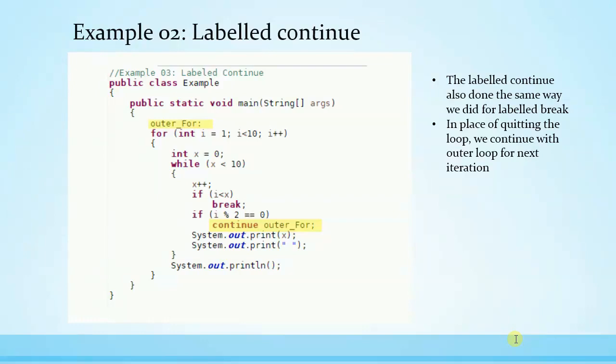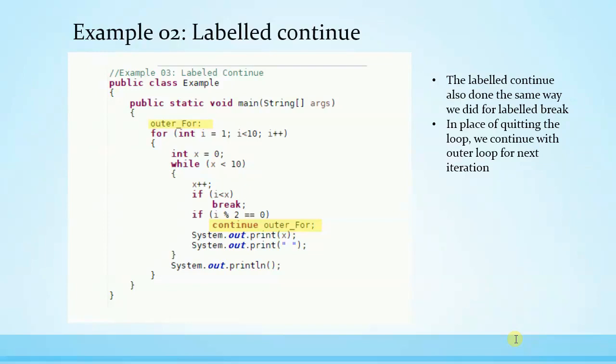Here in this case, when i modulus 2 equal to 0, we are continuing with the loop. That means we are continuing with the for loop. Right. So here we are skipping the even numbers and we are building that triangle shaped number system. All right, let's execute this and see.